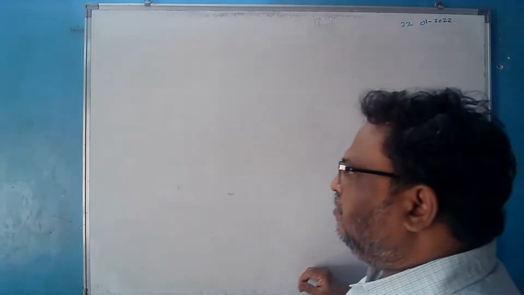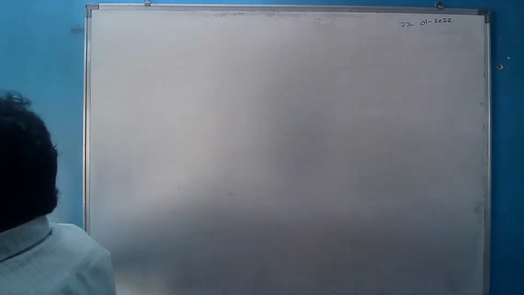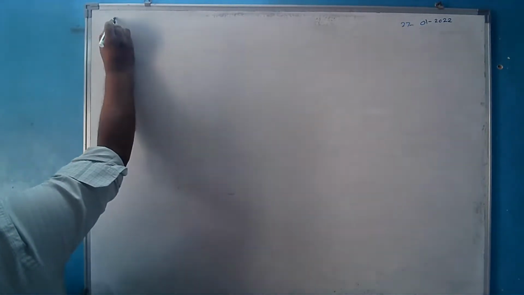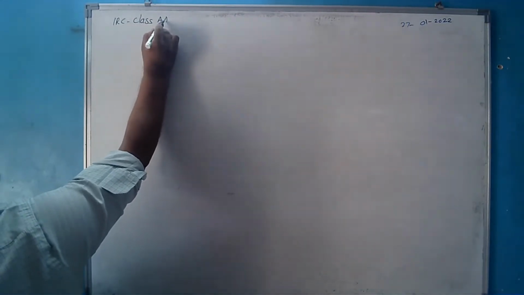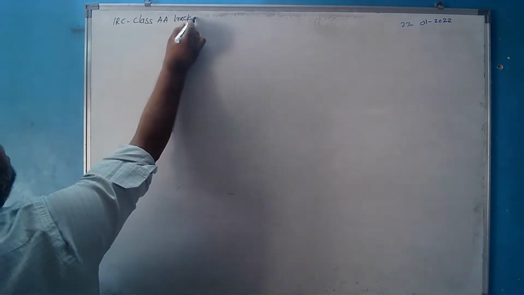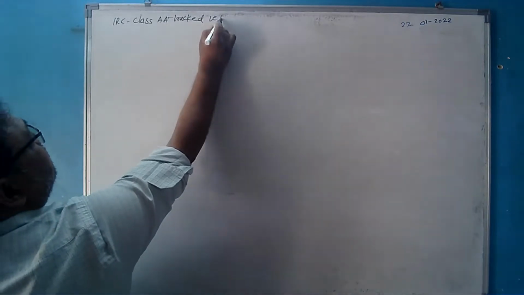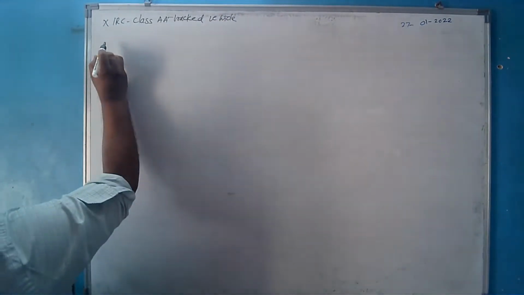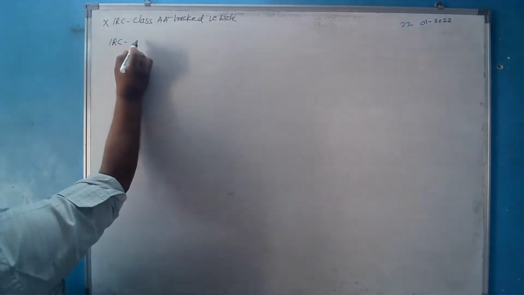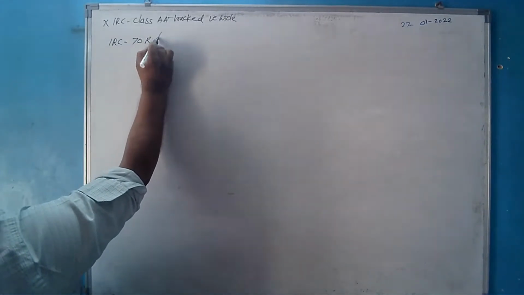Wearing coat 100 MPa, footpath on either side 1.5 meter, all the things are same. यहां पर हमने लाइव लोड क्या दिया था? पहला IRC Class A tracked vehicle, पहले ये था. Now in place of this, suppose we are having IRC 70R tracked vehicle.